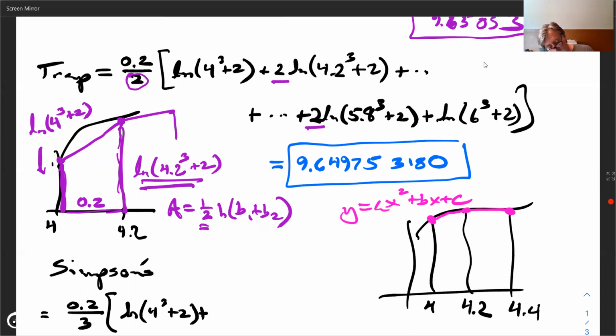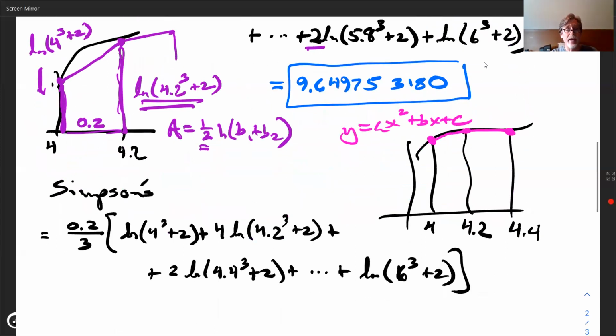Then you go 4 natural log of 4.2 cubed plus 2, plus 2 natural log of 4.4 cubed plus 2, plus, and now in the interior, you're just going 4, 2, 4, 2, 4, 2, 4, 2, until at the very end, it's just 1 natural log of 6 cubed plus 2, and that's it. That's a 6 right there. So that's what you do.